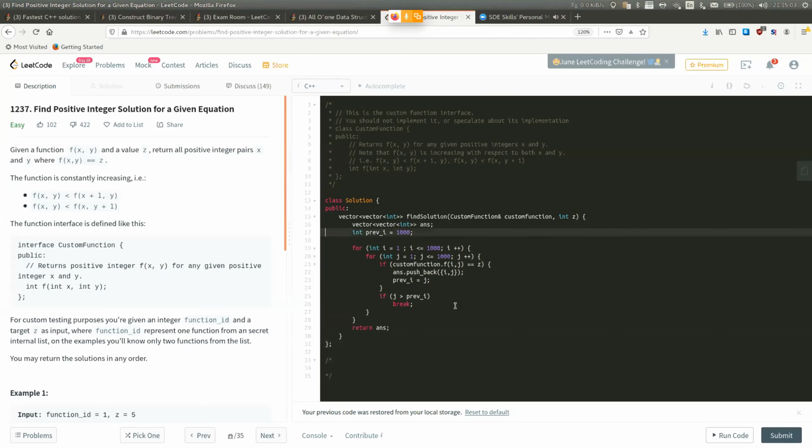So let me just rename this: x and y. I'm calling this custom function on x and y, and if the value matches z, then I'm storing the values in an array, pushing them back.